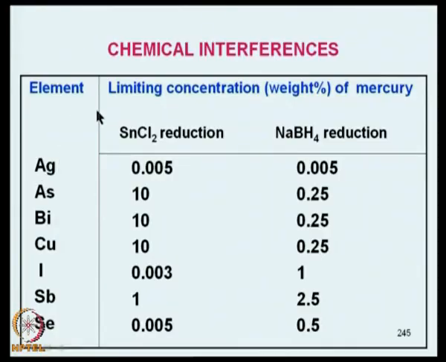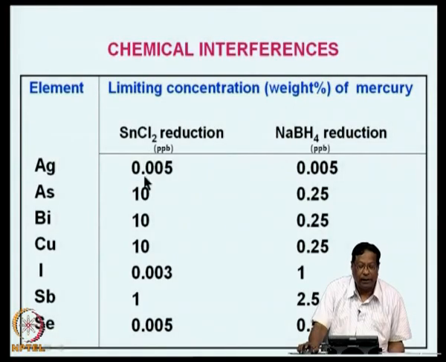Our discussion on the chemical interferences of the determination of mercury using the cold vapor technique. I had shown you this slide about the chemical interferences in the last class, that is silver, arsenic, bismuth, copper, iodide, antimony and selenium.